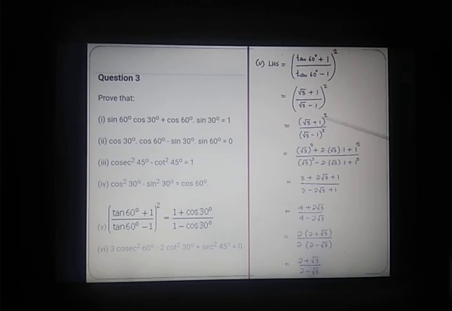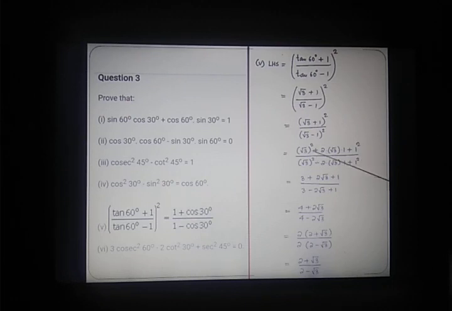So numerator whole square divided by denominator whole square. Now there is an (a plus b) whole square form, so we'll put the a square plus 2ab plus b square formula. Similarly here we have an (a minus b) whole square formula, which says a square minus 2ab plus b square.